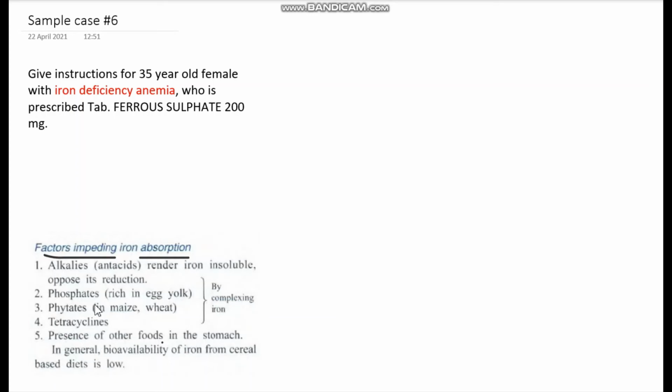Why? Because if the food contains egg yolk and stuff like phosphates and maize and wheat, which contains phytates, or if it's taken with tetracycline antibiotic or any other food, or something like an antacid. Antacid, why antacid? Let me tell you that. Because iron is basically absorbed in the ferrous form.